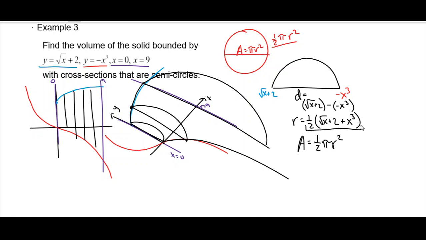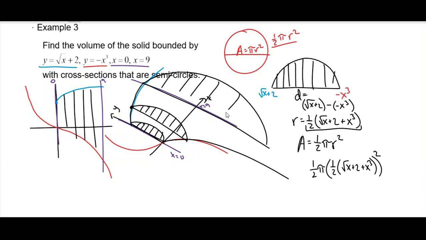So I have here 1/2 pi times 1/2 of this function, square root of x plus 2 plus x cubed, but of course, this whole thing is being squared. And that will help us calculate the area of the semicircle all the way across, beginning at x equals 0 and going to x equals 9. We're going to do this all the way through.